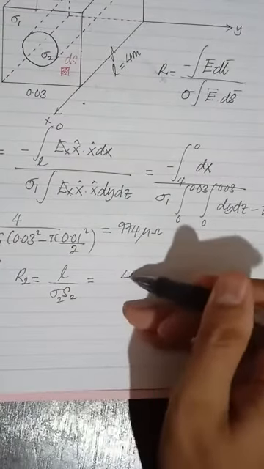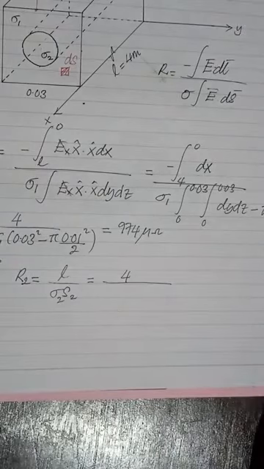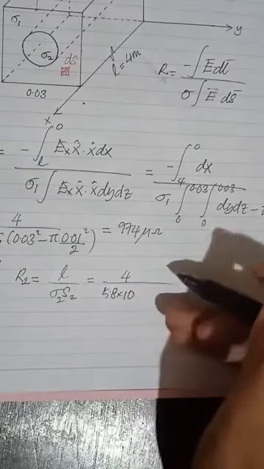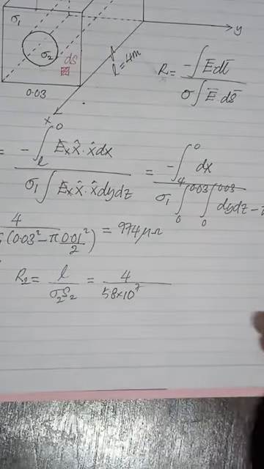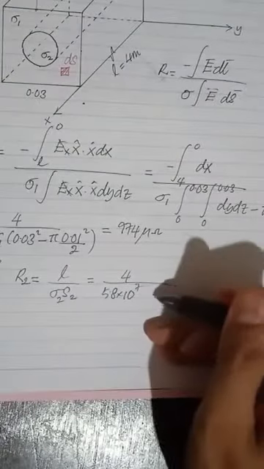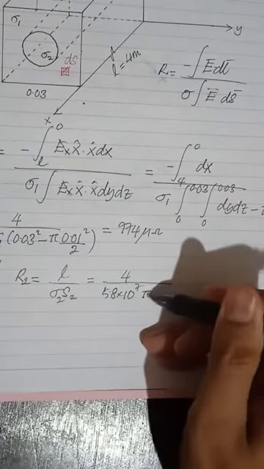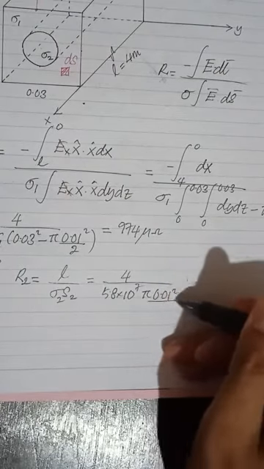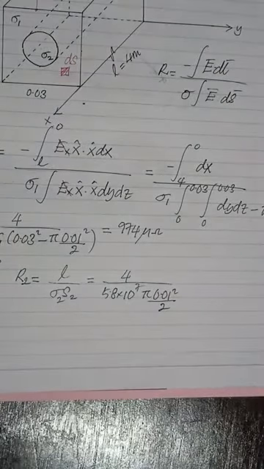So now we have 4, and sigma 2 given as 5.8 times 10 to the power of 7, and now the area for the hole is given as pi times 0.01 squared over 2.